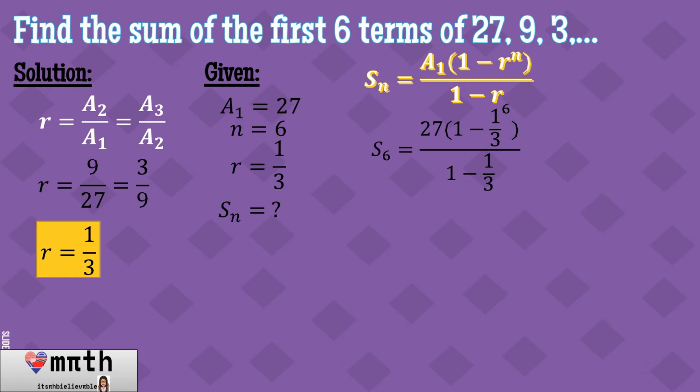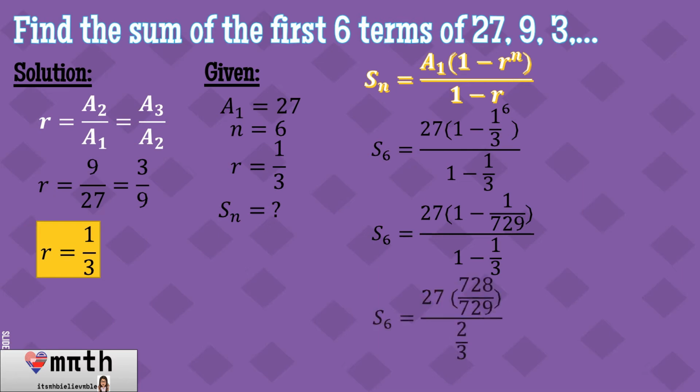So from there, we're going to simplify first the exponent, 1 over 3 raised to 6. That will be equal to 1 over 729. And if we subtract 1 minus 1 over 729 and 1 minus 1 over 3, that would be 728 over 729 all over 2 over 3.